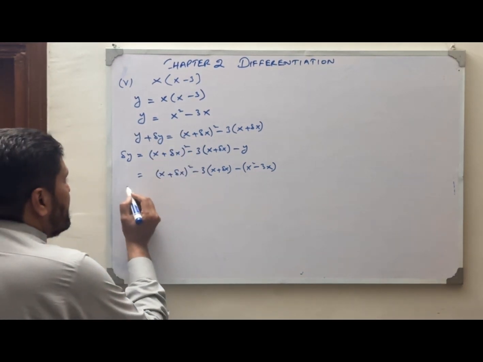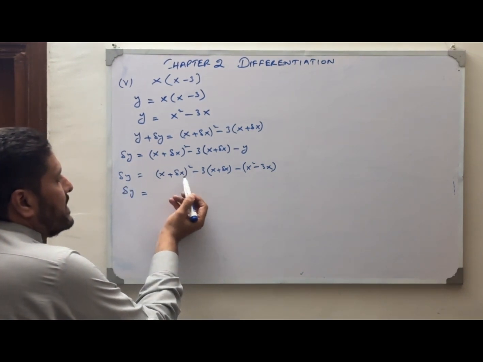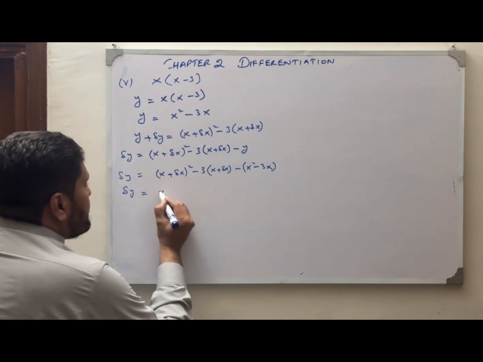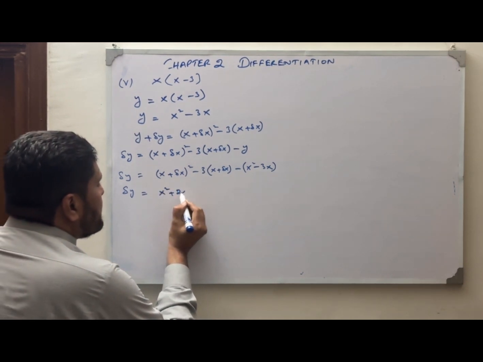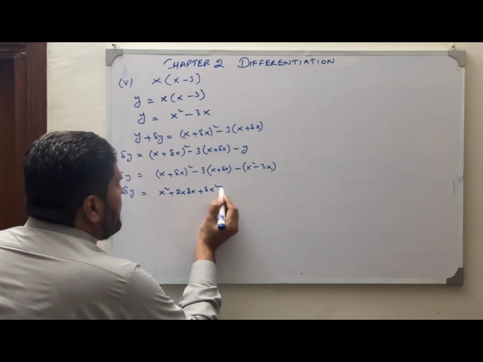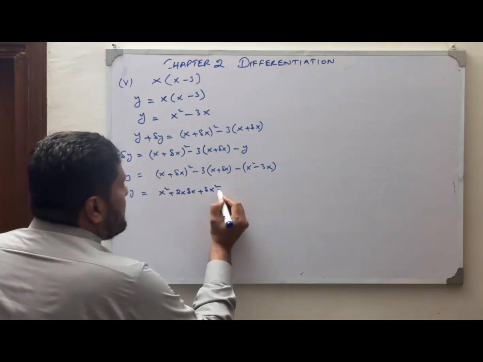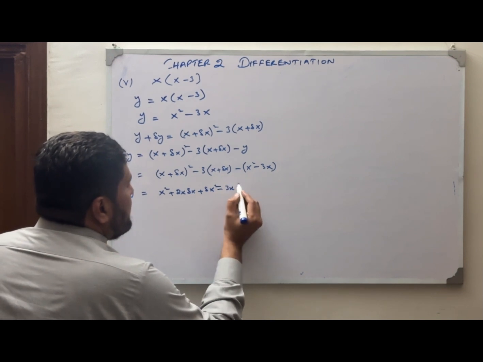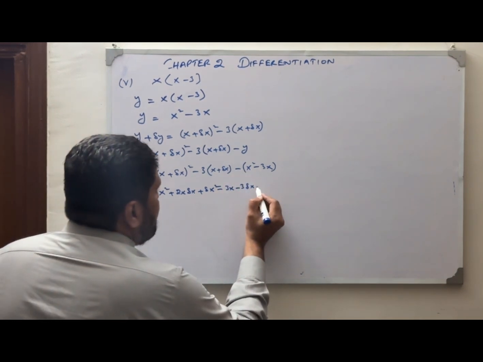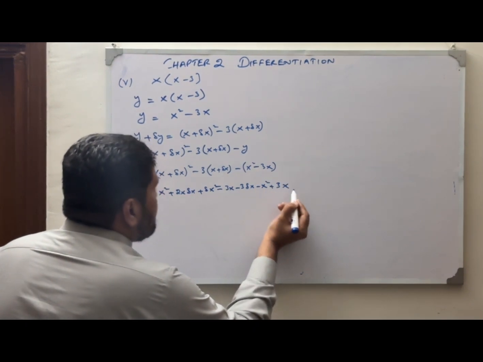Now by simplifying, delta y is equal to, by taking a plus b whole square, that is equal to x square plus 2x delta x plus delta x whole square, and then multiplying 3 with these two terms, minus 3x minus 3 delta x, then minus x square, and then plus 3x.